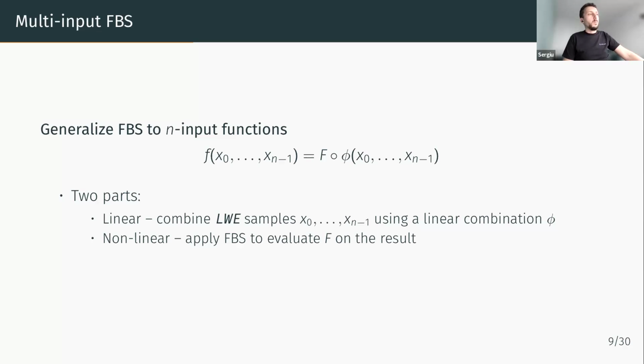And the second function will be a nonlinear part, which takes as input these linearly projected inputs, and will evaluate a single-input functional bootstrapping on it. So in this way, we are able to evaluate any multi-input function.